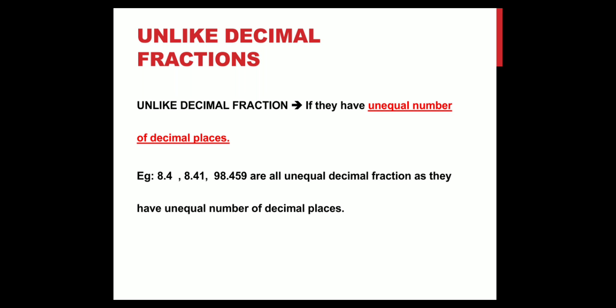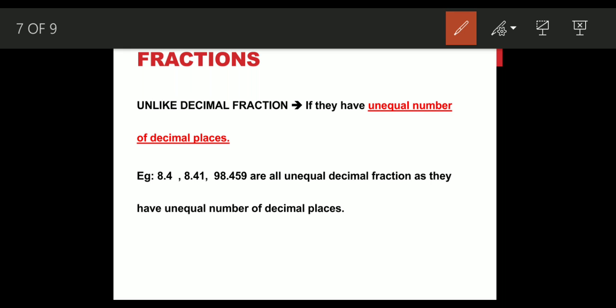I have given the example 8.4, then 8.41, then 98.459. If you see all these three decimal numbers, in the first decimal number, after the decimal point I have only one number. In the next decimal number, I have two decimal numbers.